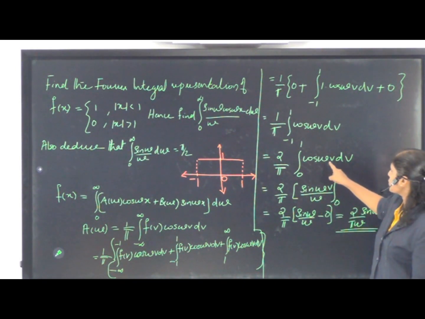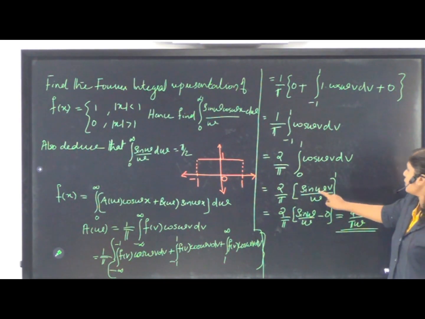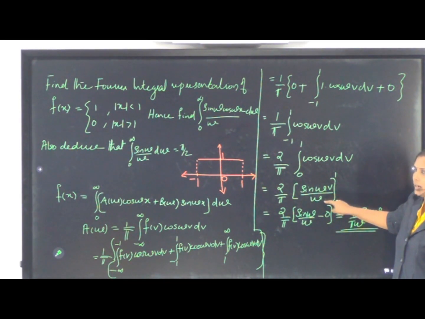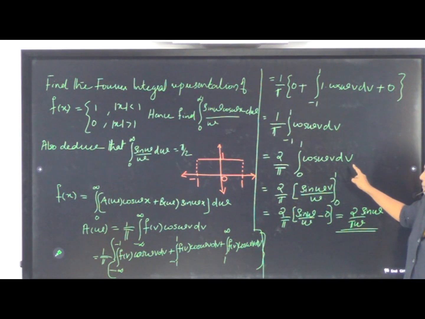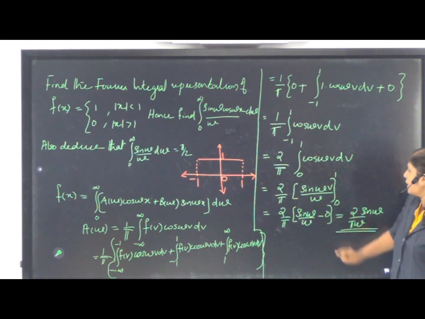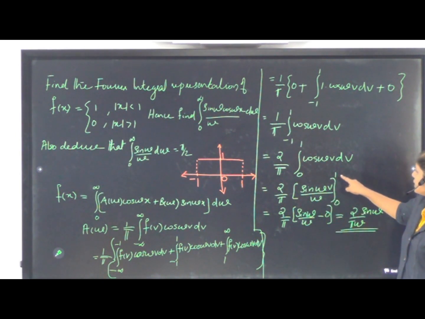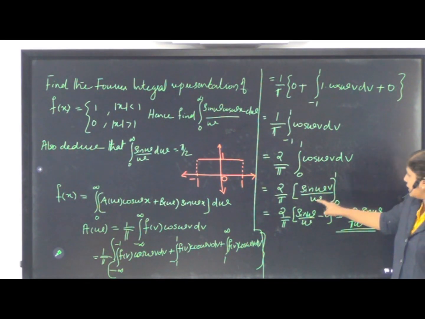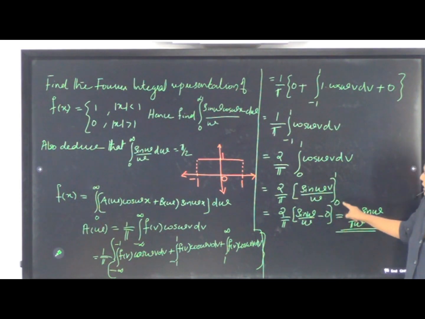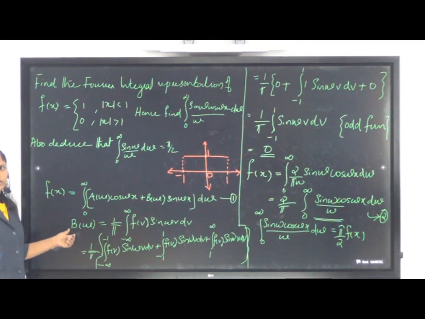And integral cos omega v dv is sin omega v by omega. Integration is with respect to v, so the coefficient is 1 by omega. And with upper limit 1, it becomes 2 by pi into sin omega by omega minus lower limit sin 0 becomes 0. So it becomes 2 by pi omega sin omega. Next we find the coefficient b of omega.